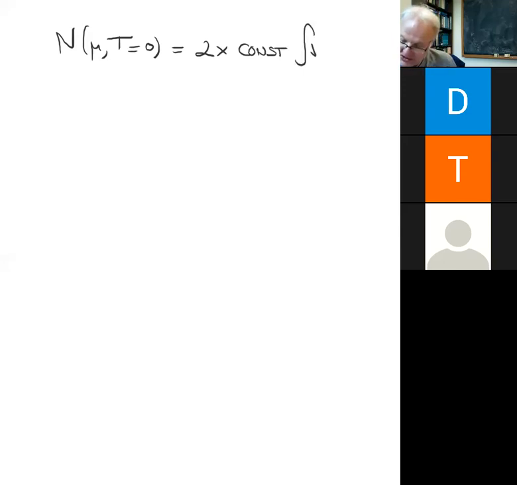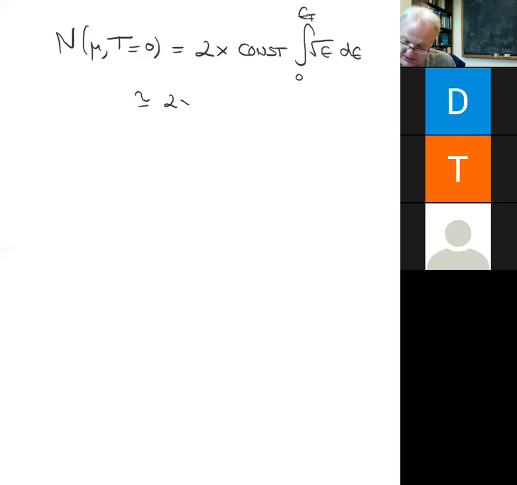The density of states was proportional to square root of epsilon, d epsilon, and now all the states below the Fermi energy are filled, and all the states above the Fermi energy are empty. And so the Fermi distribution is effectively now replaced by this step function. It has only 2 possible values because we sit at temperature equal to 0. Okay. And that's, of course, an integral you can do.